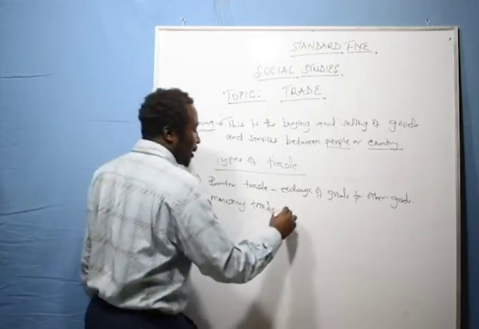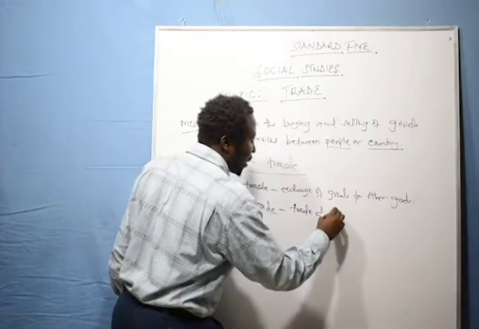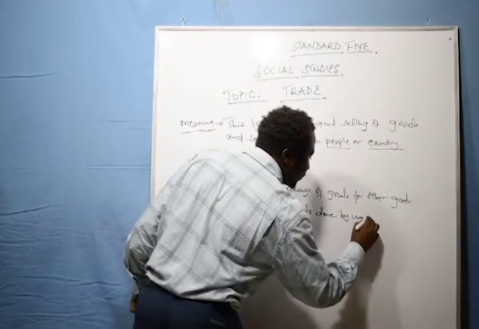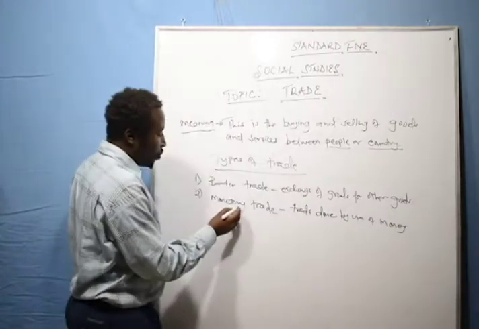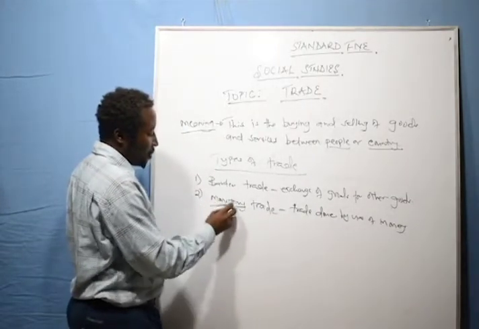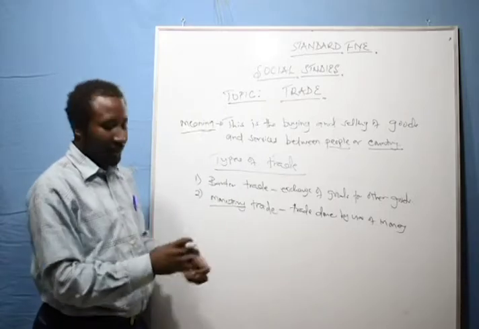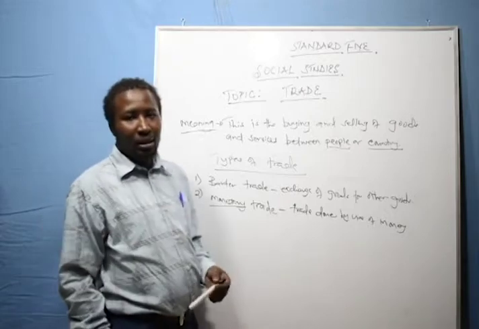This is a trade done or carried out by use of money. That is why the word monetary has money in it. Monetary trade is where we use currency, money. For example, I would like to buy a pen like this.